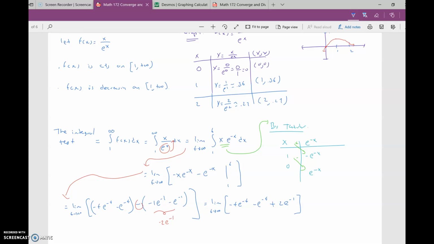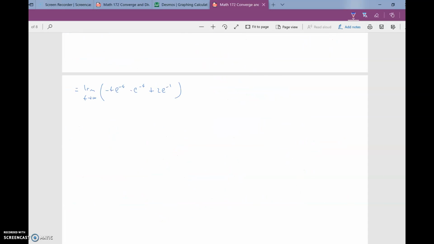Okay, so let me just continue this problem on the next page. Sorry, I'm running out of space here. And at this point, I'm just going to continue here. So we're basically looking at the following. We end up with 3 limits, and let me separate them.